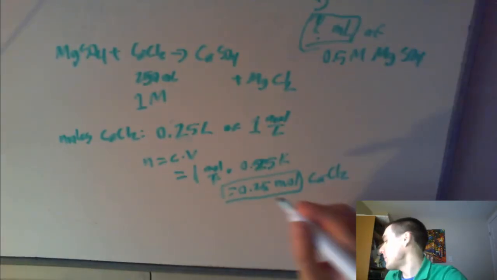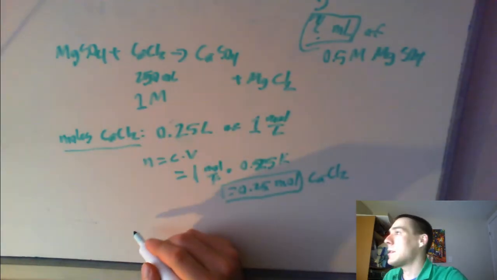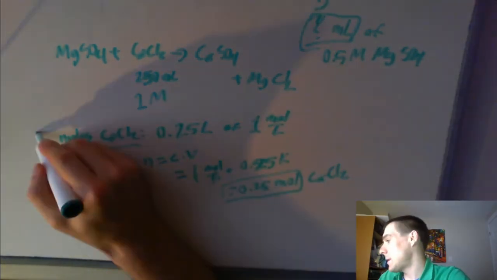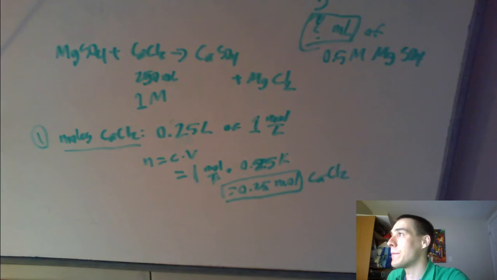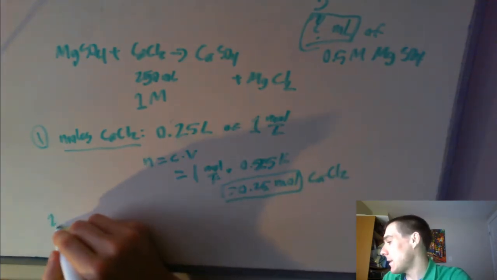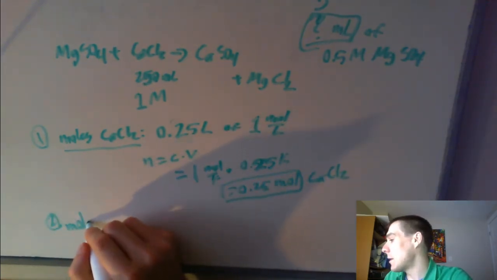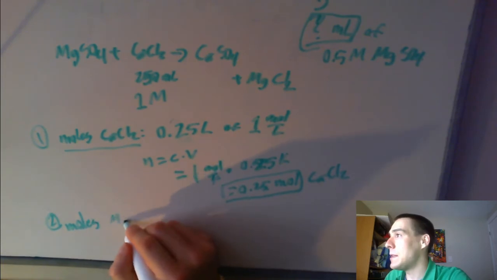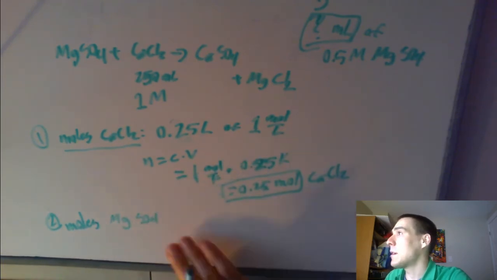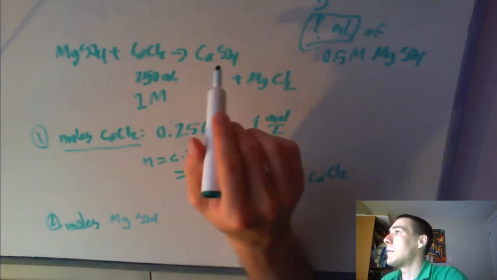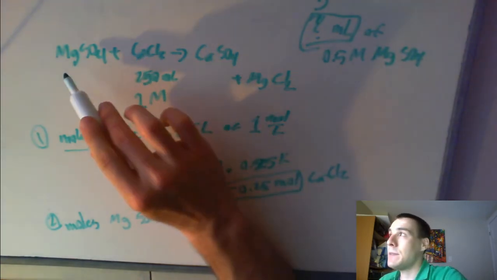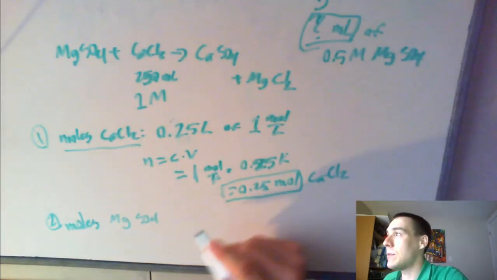All right, our step 1 is figuring out the moles. Second step is figuring out the moles of our unknown, moles of magnesium sulfate. And that's using the formula: one of these takes one of these. It's a 1-to-1 ratio.